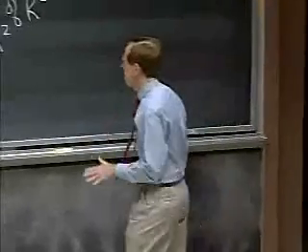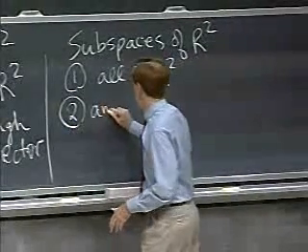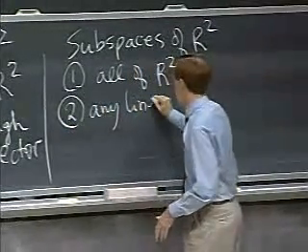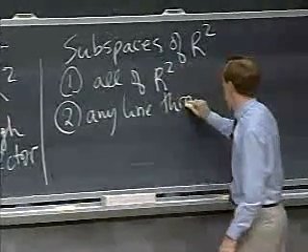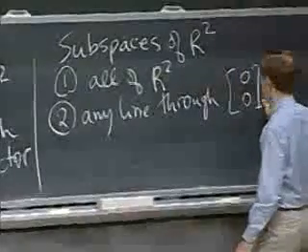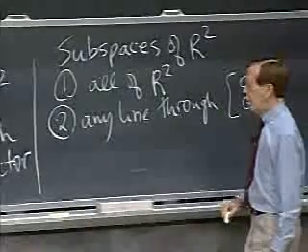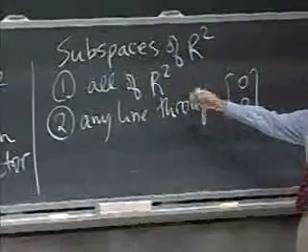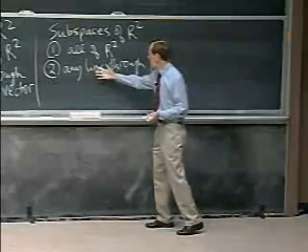Then the others are lines, any line, a line meaning infinitely far in both directions through the 0. So that's like the whole space. That's like a whole 2D space. This is like one dimension.